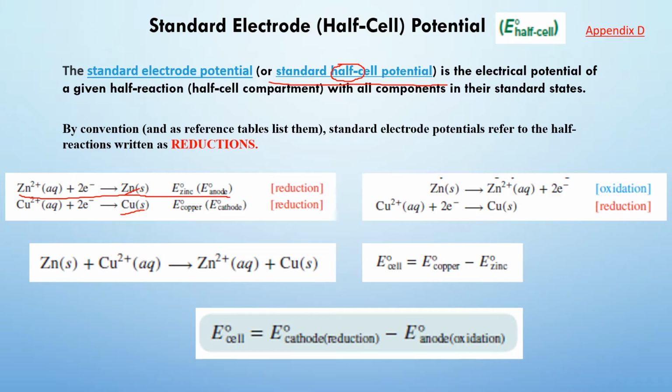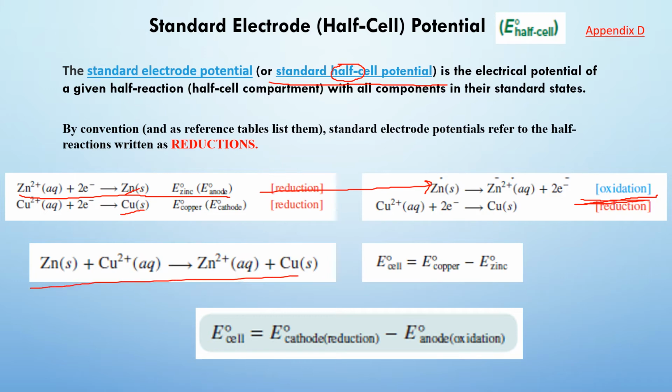To modify this, we have to reverse the reduction of zinc into oxidation. By switching the side, now zinc becomes oxidation, and that's what actually happens when it's combined with copper.